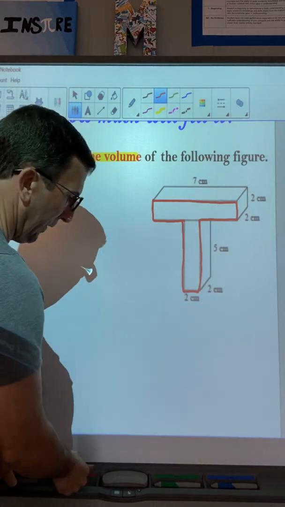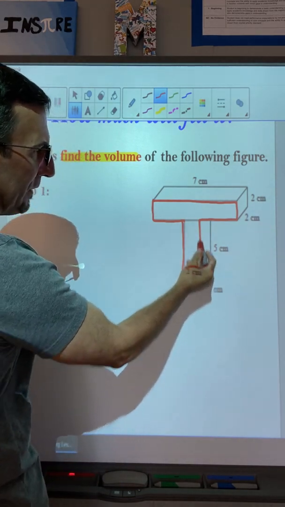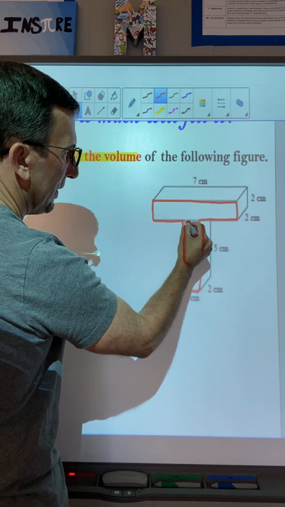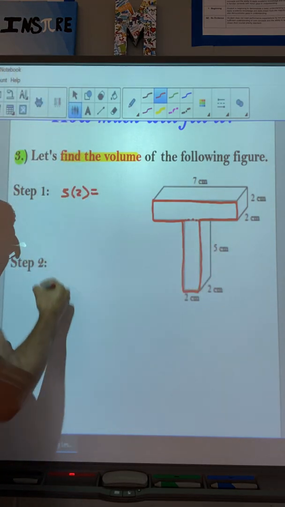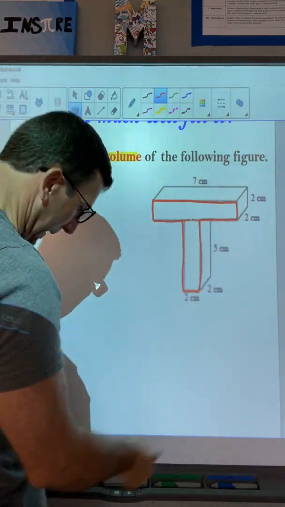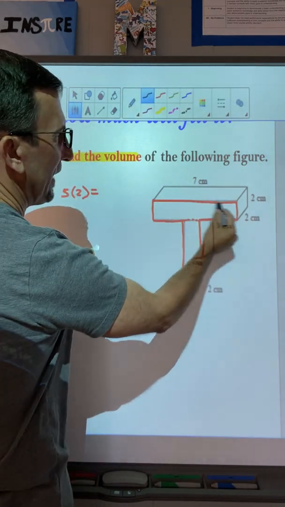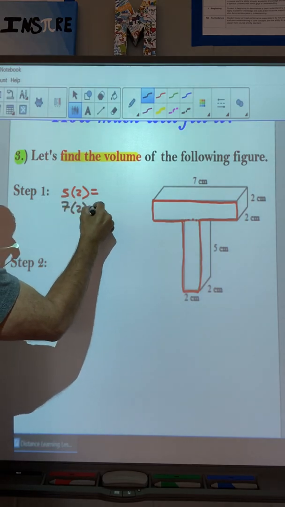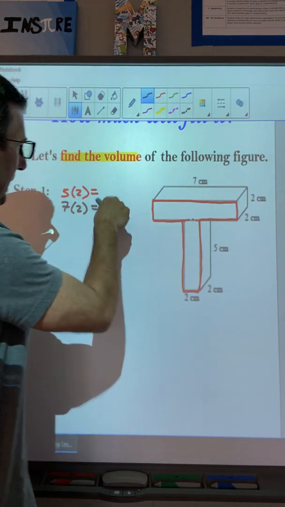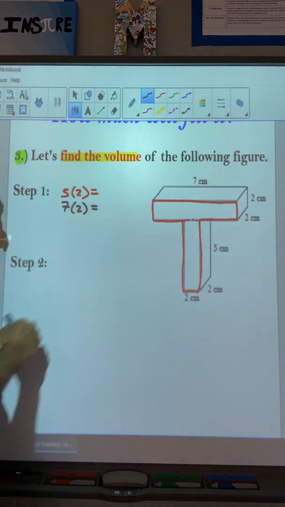So we have 2 here. We have 5 there. So we have 5 times 2. And then for this piece up here, we have 7 and we have 2. Okay, so take a moment, get me the bottom layer.